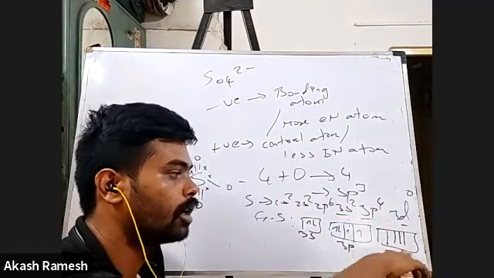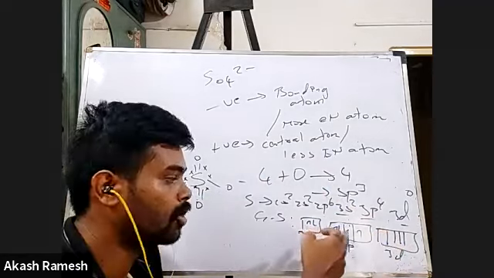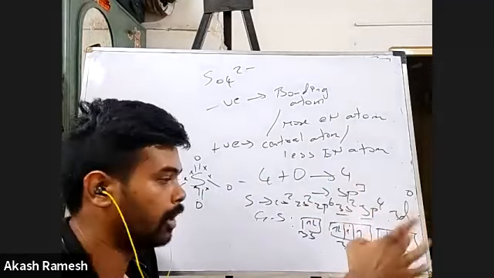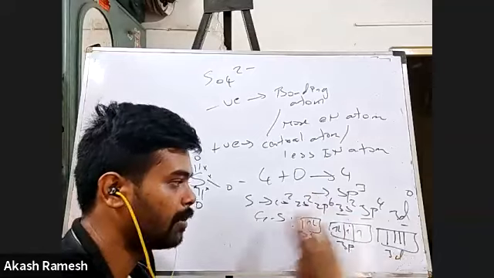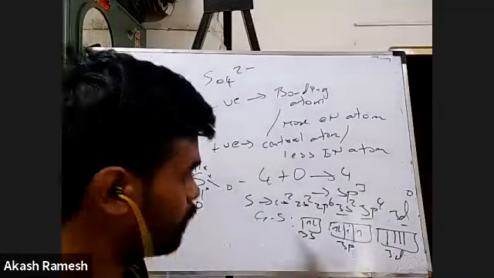So I have to make sure that one of the paired electrons goes to the empty orbital. That is my d orbital here because that is the only empty one. All the other orbitals are filled. I don't have space, so I'm writing at the top.